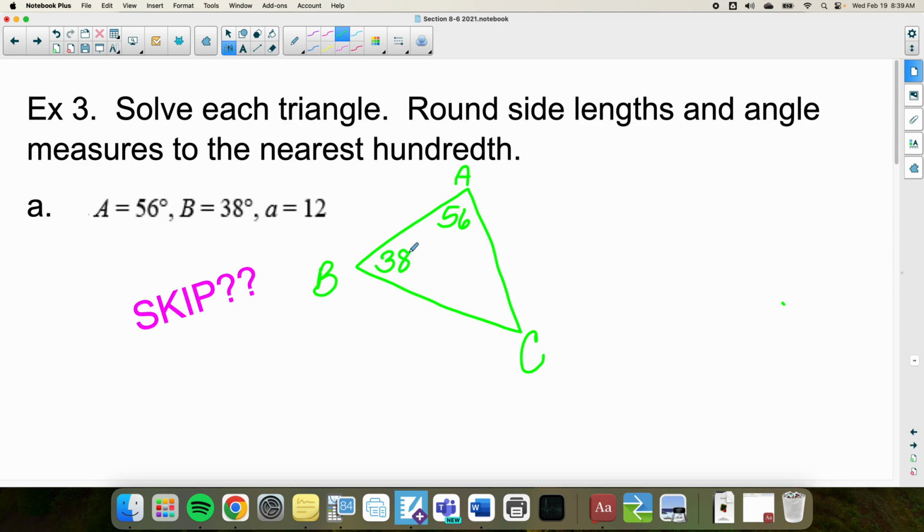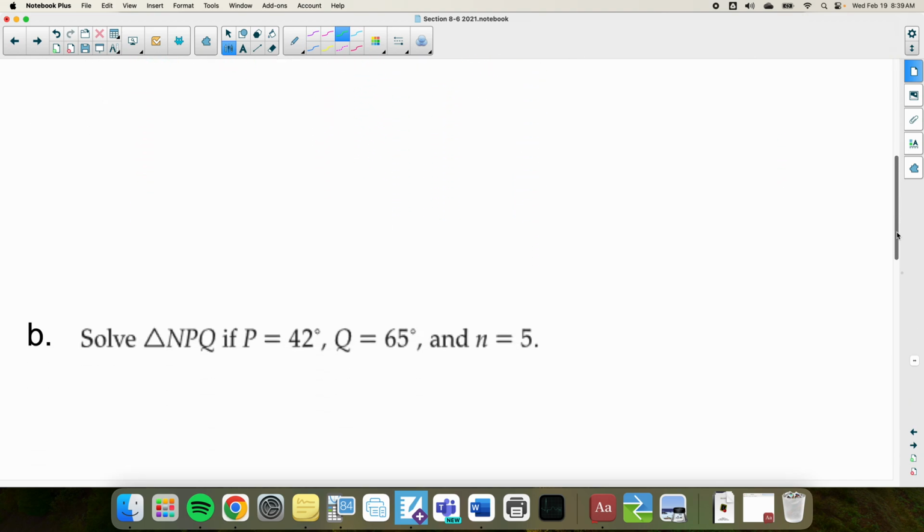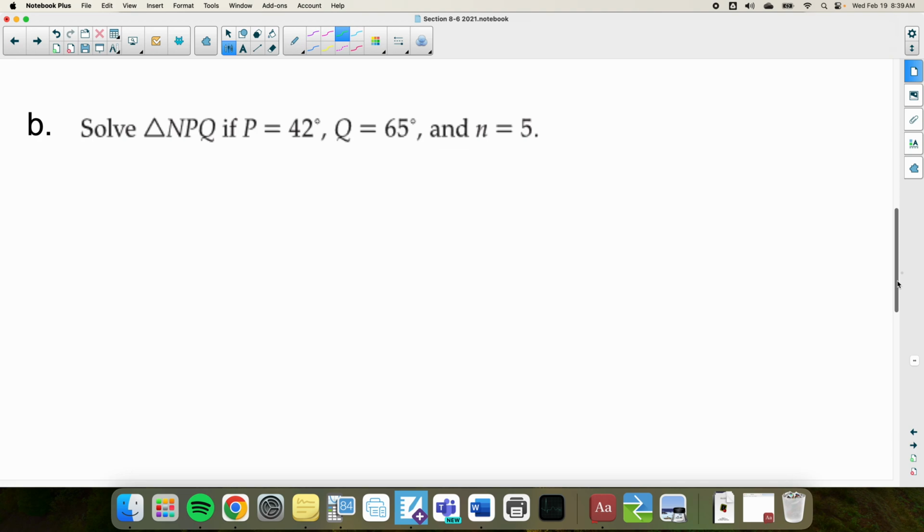Remember, little a would be opposite angle A, and then this would be little b, and this would be little c. So when they give it to you like that, just draw it out, and then you can tell what you need and what you're missing. Then I just wanted to show you this one. It's not going to be different, but I just want to show you.